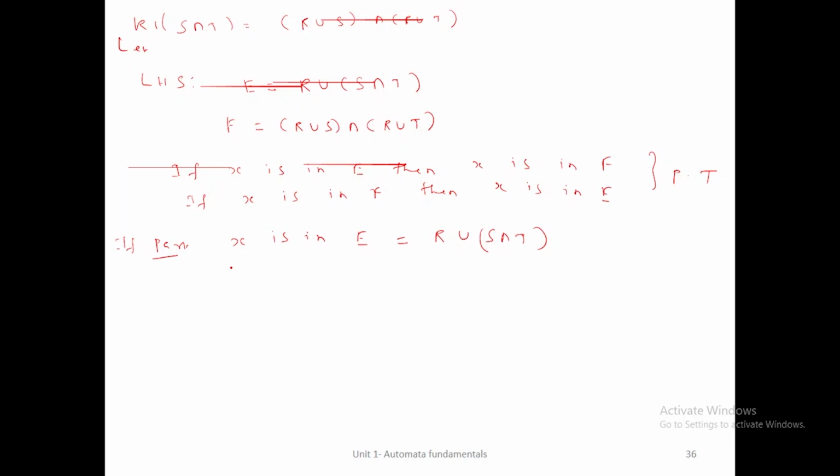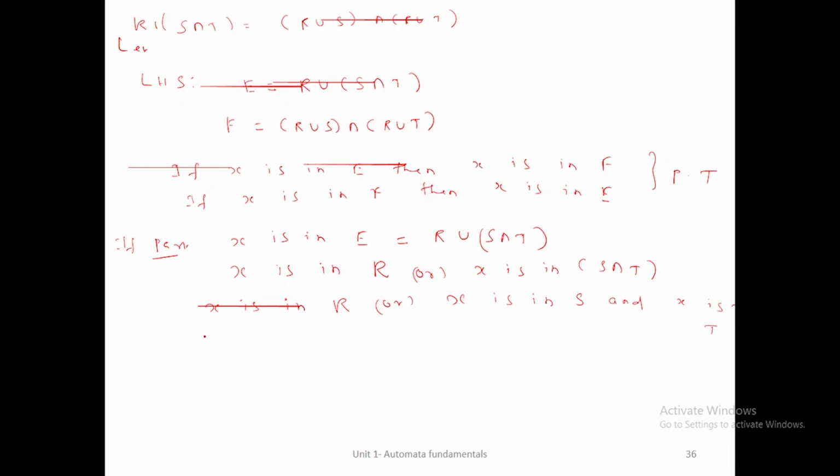Then we should prove it as X, either it may be in R, otherwise X is in S intersection T. And further we can write it as, either X is in R, otherwise X element should be in S and T, isn't it?